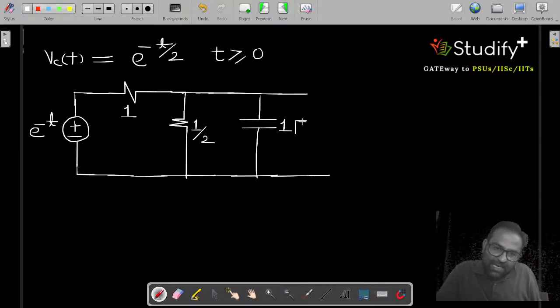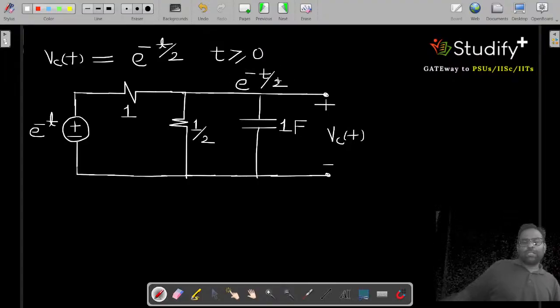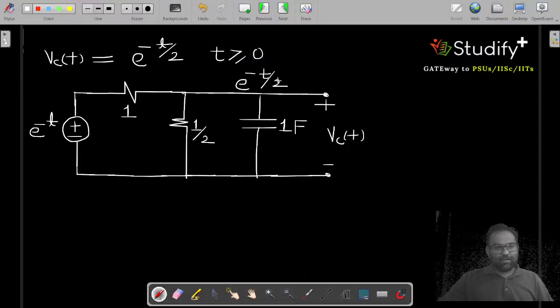And we are saying that we know this voltage. This voltage is VCT, and this VCT is e to the power minus of t by 2. If we know this voltage, we can calculate everything. What is the value of current?